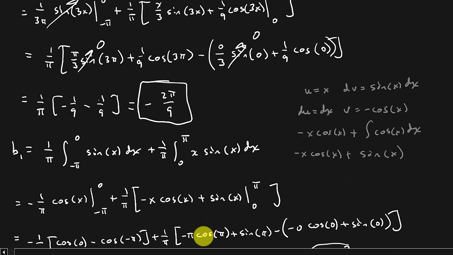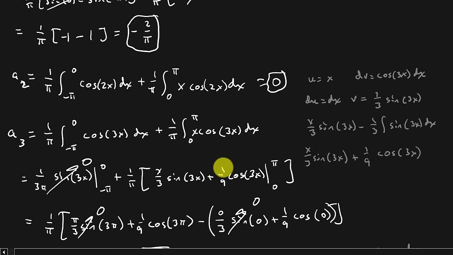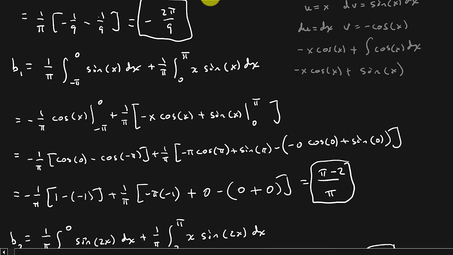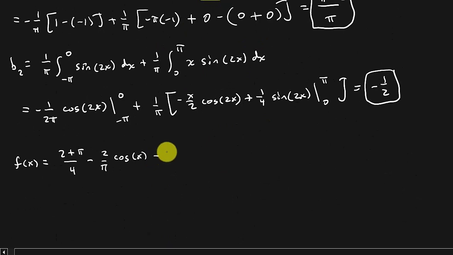Now A2, let's see. Oh, A2 was 0. So that term's gone. And then we've got A3 is negative 2 pi over 9. So that's going to be minus 2 pi over 9. And remember, this is A3. So that's cosine 3x.